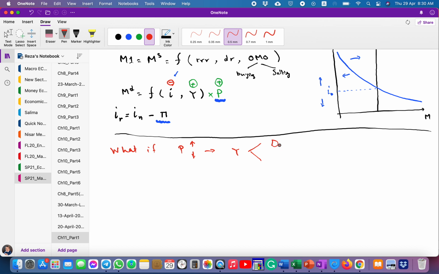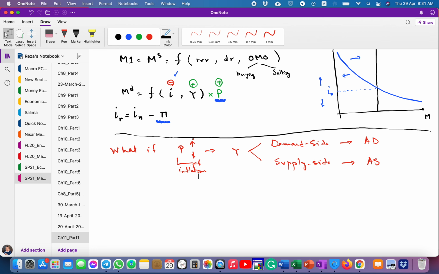One is the demand side. One is the supply side. How the supply side interacts, that's called the aggregate supply. How the demand side interacts, we call it aggregate demand. So the model which we are going to talk about only brings the price variable or inflation into the picture.